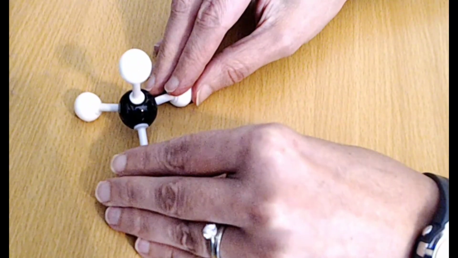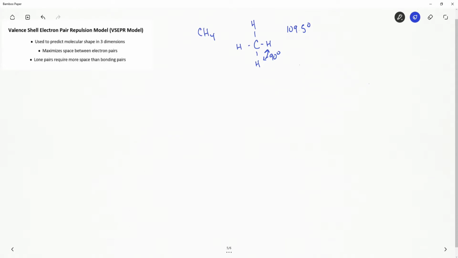on our paper. We can more accurately represent the 3D structure of methane on our 2D paper by using wedges and dashes. So I am going to redraw methane like so. The wedge here represents this hydrogen atom coming out of the plane of the paper, and the dashes here represent that hydrogen atom going behind the plane of the paper.